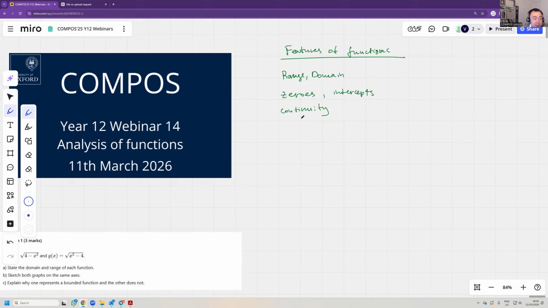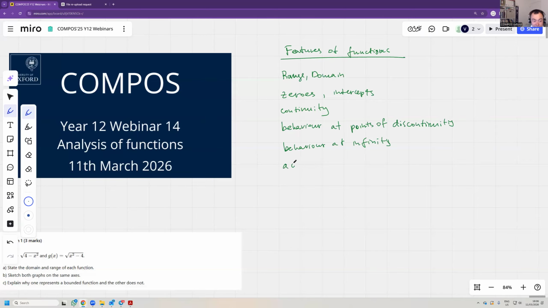Continuity, you're interested in continuity, then behavior at points of discontinuity, and behavior at infinity, if infinity is in the domain, of course.